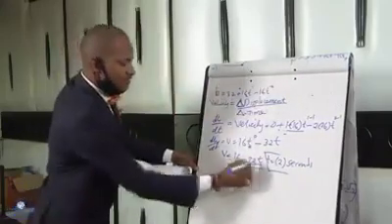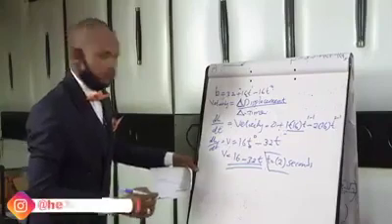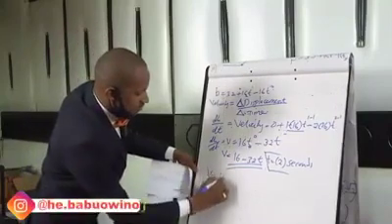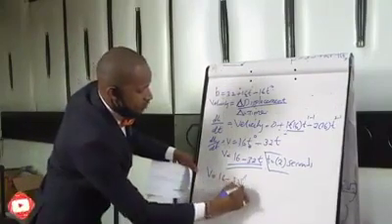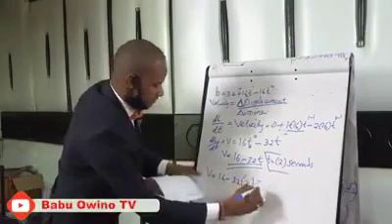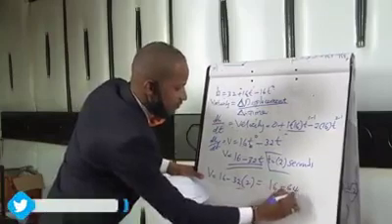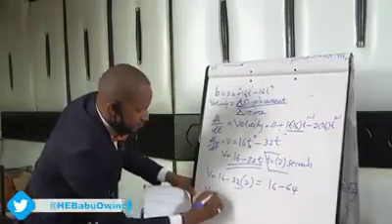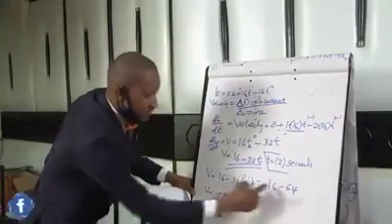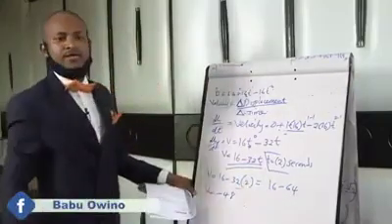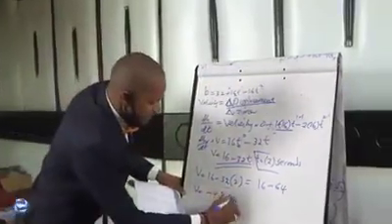Where there is t, you replace with 2. Therefore, velocity is equal to 16 minus 32 times 2 seconds. You get 16 minus 64. So velocity is equal to minus 48. 16 minus 64 is minus 48 meters per second.